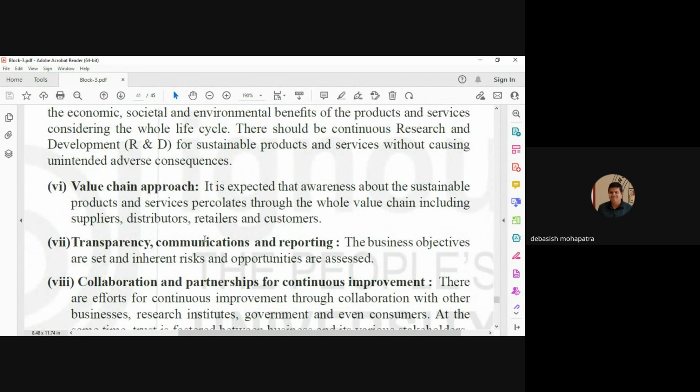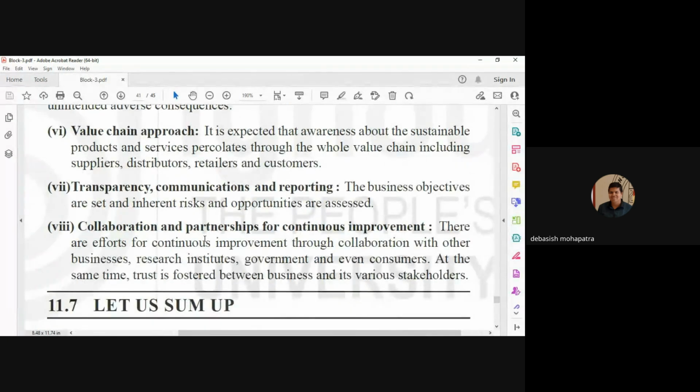In value chain approaches, it is expected that awareness about sustainable products and services is promoted through the whole value chain, including suppliers, distributors, retailers, and consumers. Transparency, communication, and reporting: the business objectives are set and initiated, and risk and opportunity are assessed.